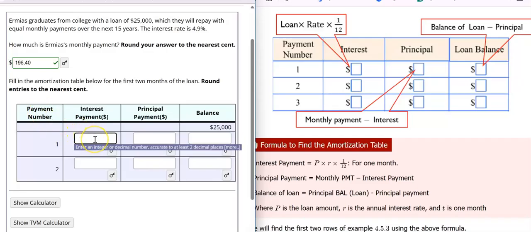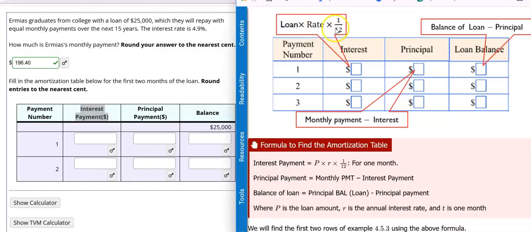In this first box, we're trying to find how much interest the student is going to pay in his first payment. Again, the formula is loan times rate times 1/12.